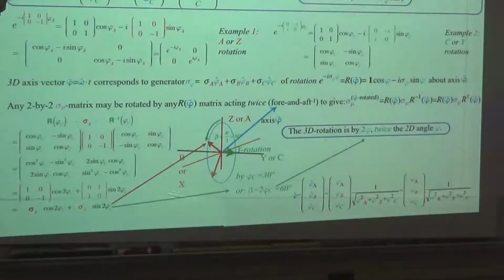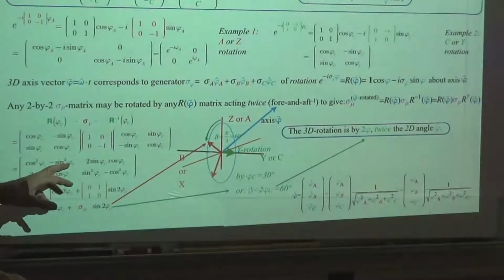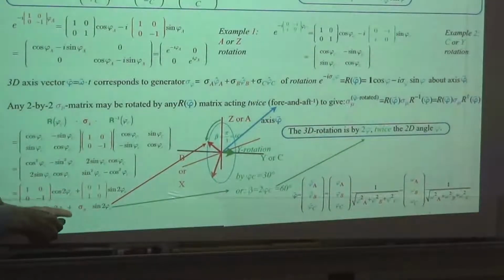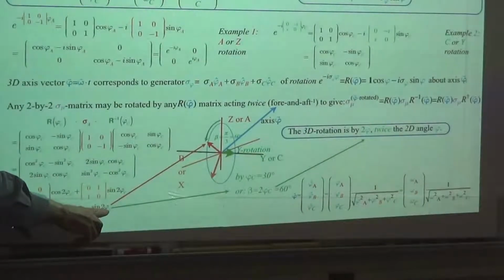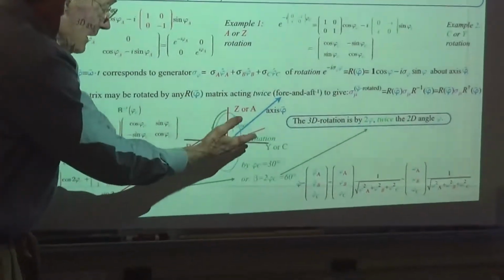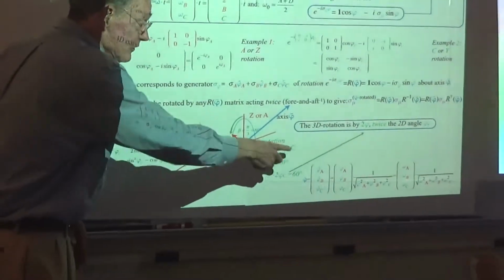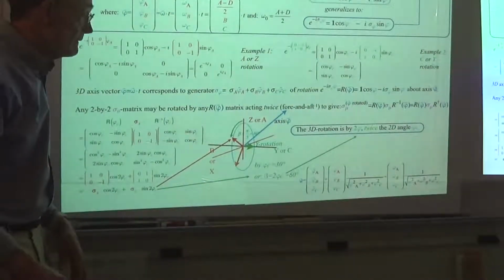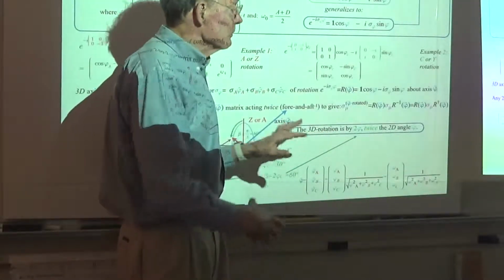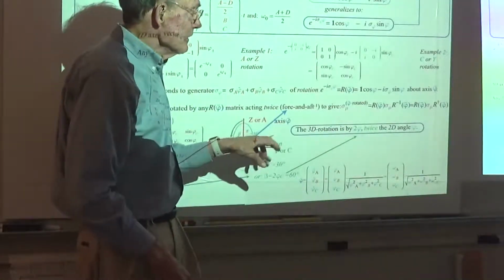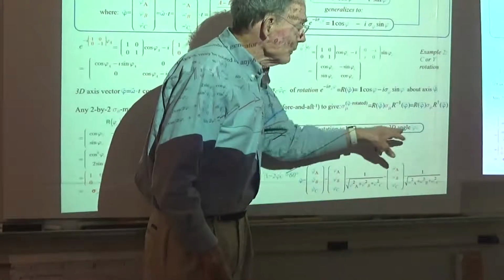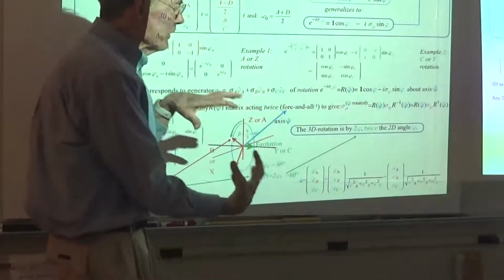So what you're seeing is a doubling of the angle when you specify it in the x, y, and z, or a, b, c space. So that's an important part, is that the 3D rotation, the rotation in the space we live in, is twice whatever happened in the spinor space that's underlying.